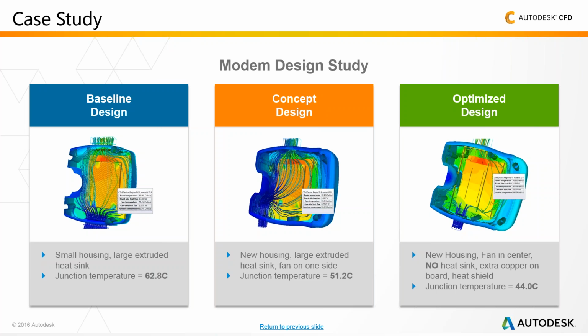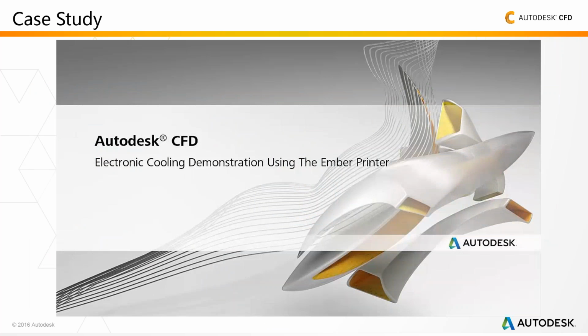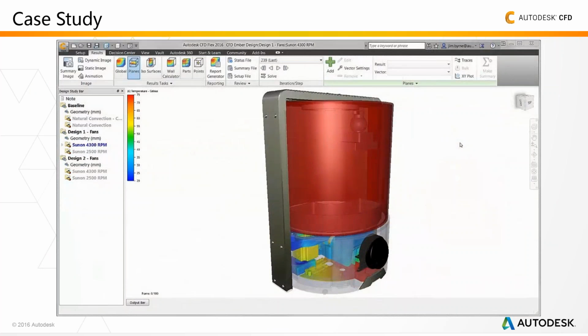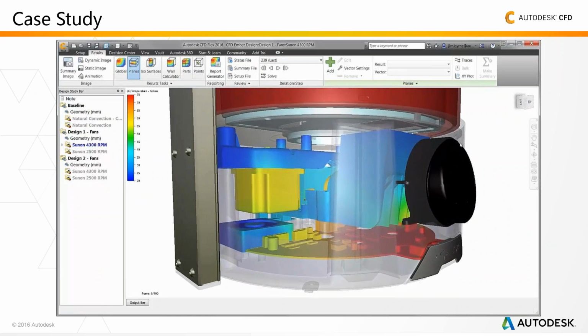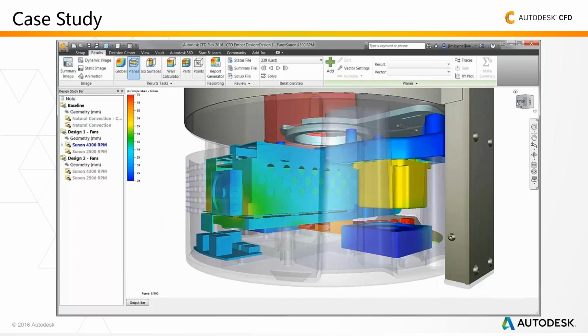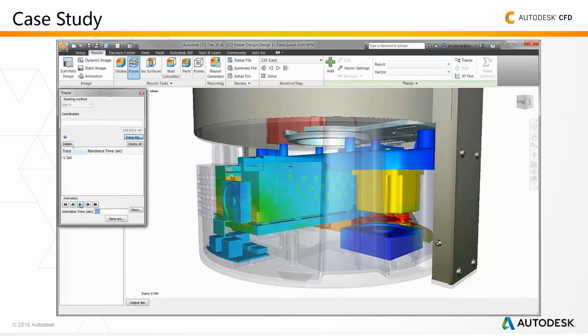So you can see how Autodesk CFD helped understanding better the behavior of that component and coming up with a better solution than the baseline. Here's an example of the interface. This is the Autodesk 3D printer, Ember, which has its plans available open source for you to download.